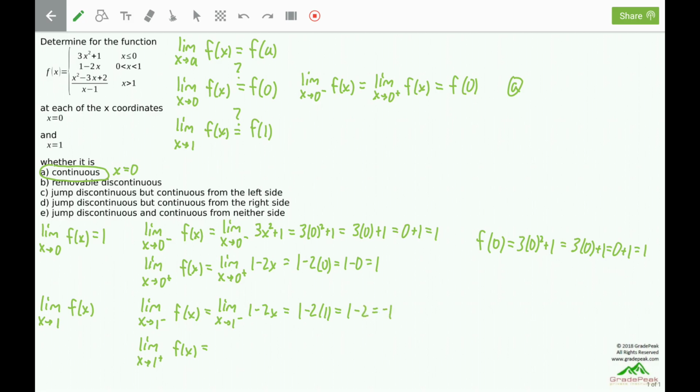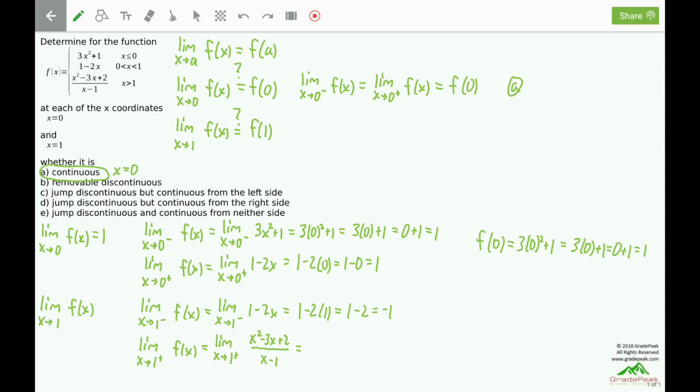The right side of 1, we're greater than 1, and we can use this expression. We'll have limit as x approaches 1 from the right side of x squared minus 3x plus 2 over x minus 1.